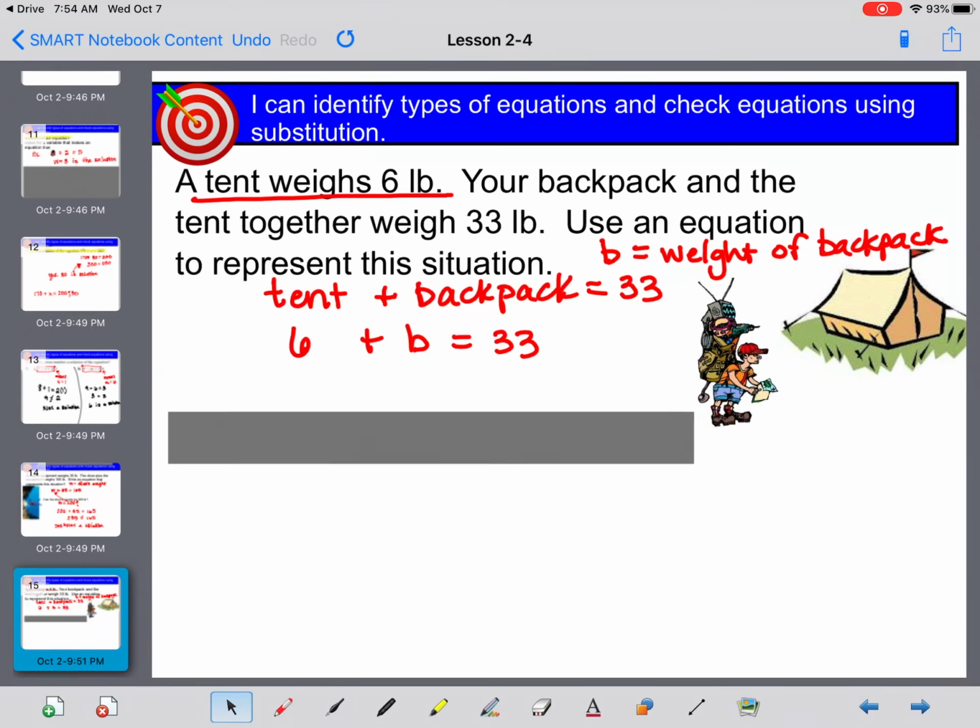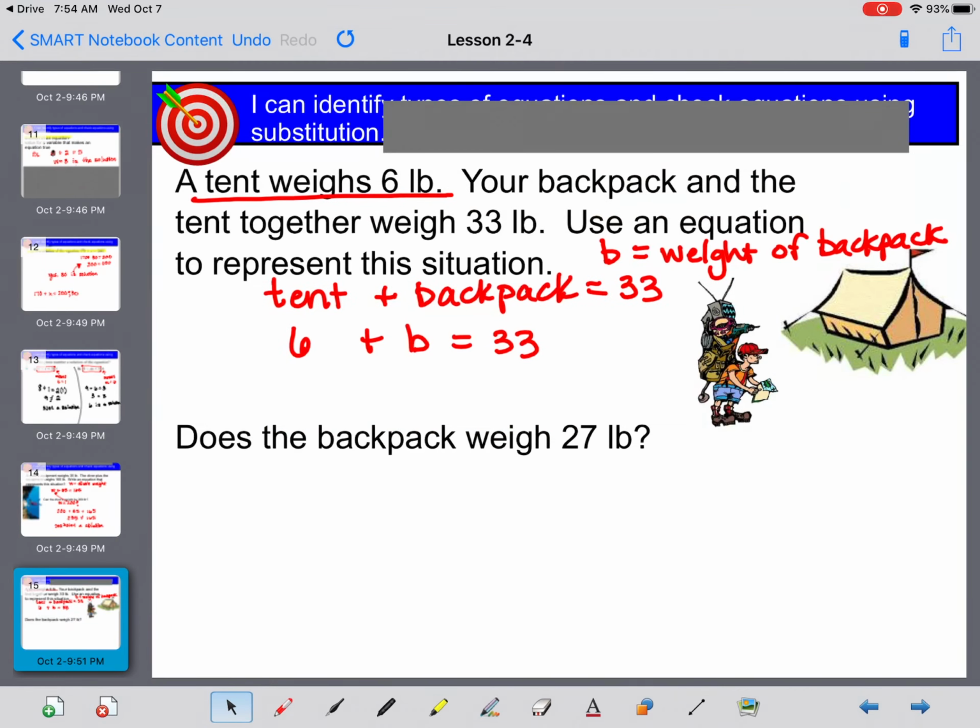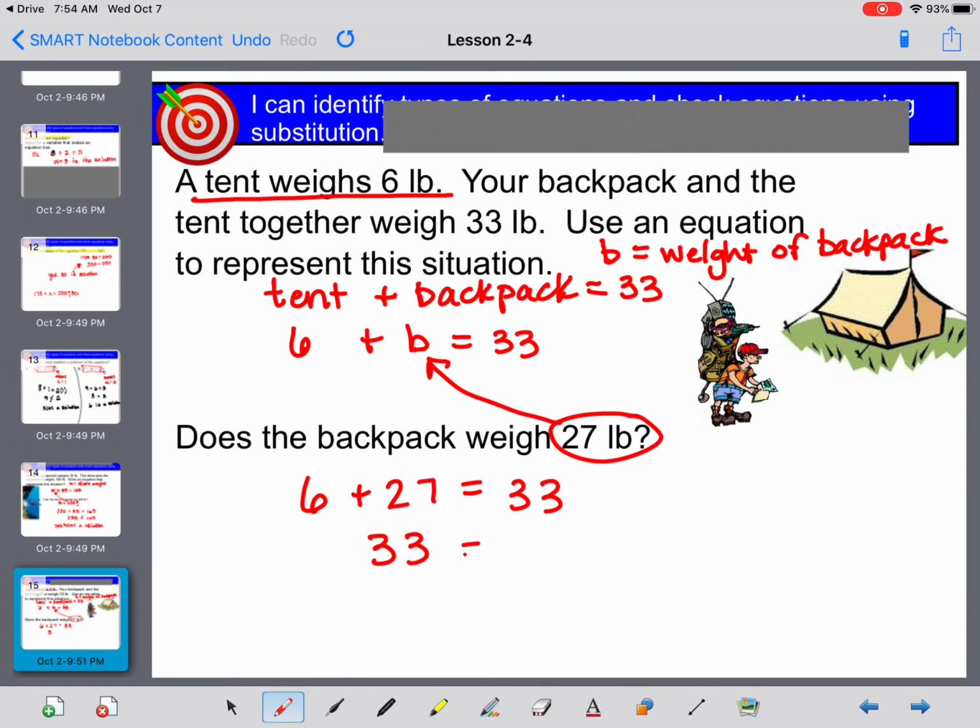I have now written my equation. Does the backpack weigh 27 pounds? That means that I need to put 27 in for B and see what I get. Six plus 27 does equal 33. 33 equals 33 is a true sentence, and so I would say yes, 27 is a solution because it makes the equation true.